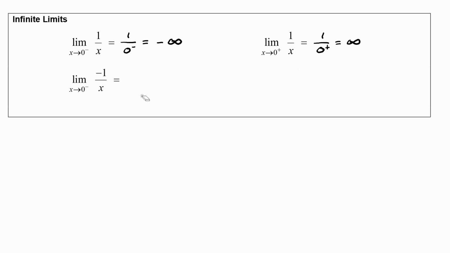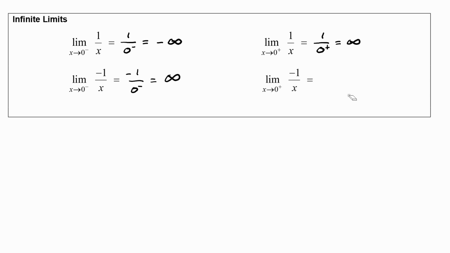When we had the limit as x approaches 0 from the left of negative 1 over x, which is negative 1 over 0 minus, that went to positive infinity.